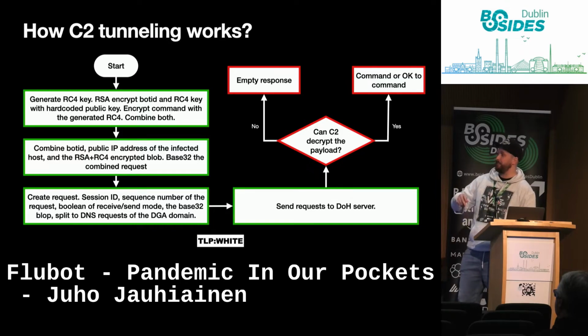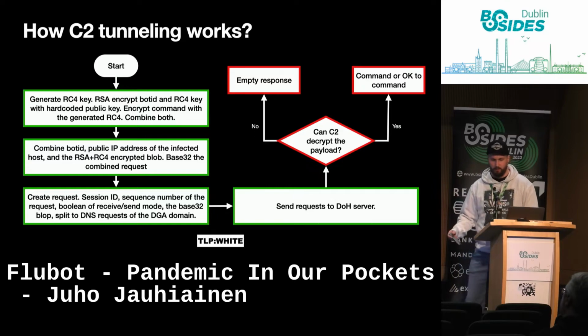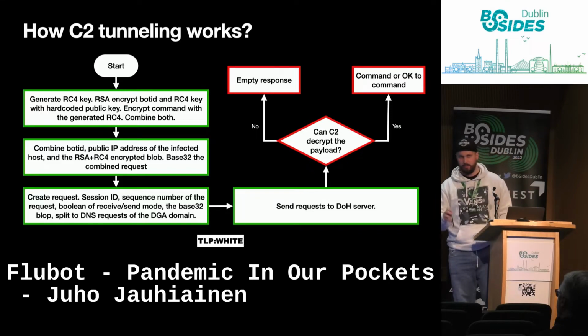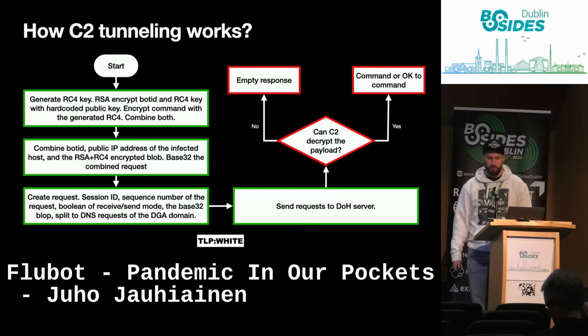It's generated for each and every command, so it changes on every command. So if you figure out one of the RC4 keys, you can only decrypt that session. In the first ping, the client will deliver the RC4 key to the C2 server, and first it encrypts it with RSA, and it has a hard-coded RSA public key in the sample, which has been the same the whole time.